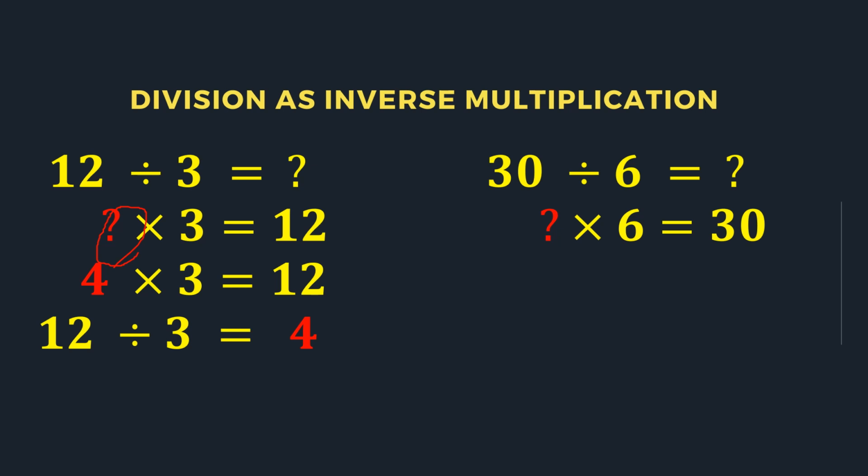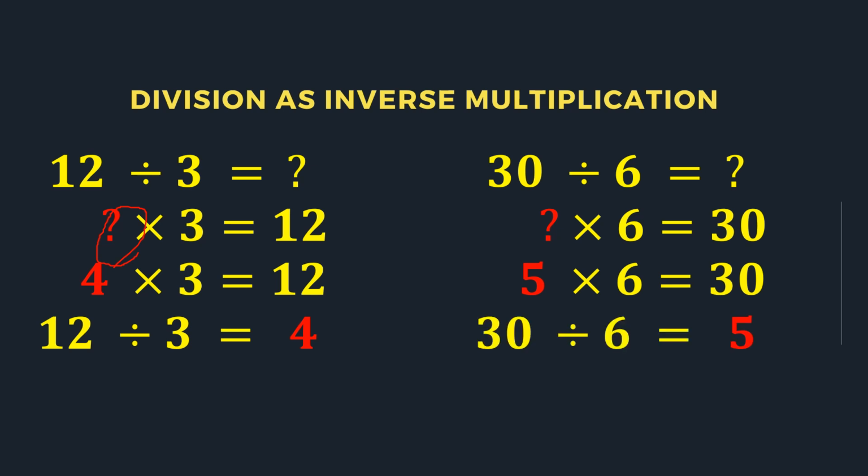So we are going to find the factor that is left behind in this multiplication base fact. 5 times 6 is equal to 30. Therefore, 30 divided by 6 is equal to 5. The concept of division as the inverse of multiplication can be used to complete mathematical sentences, or number sentences, for division operations.